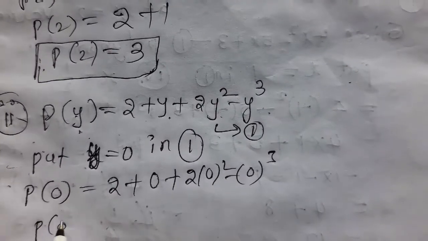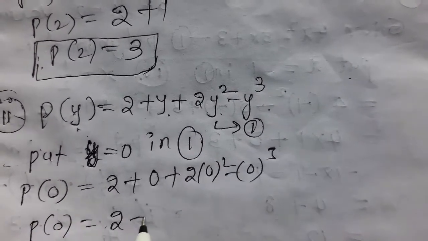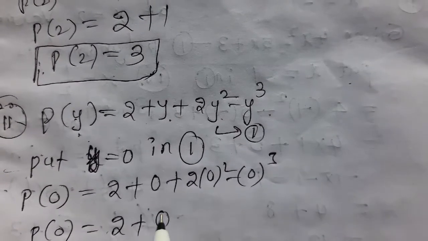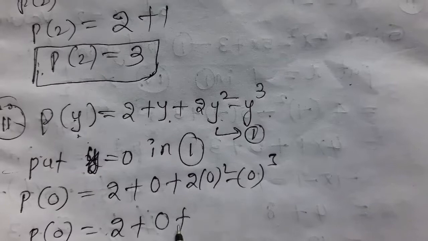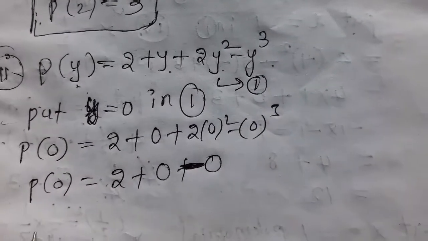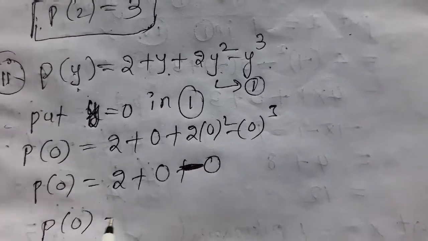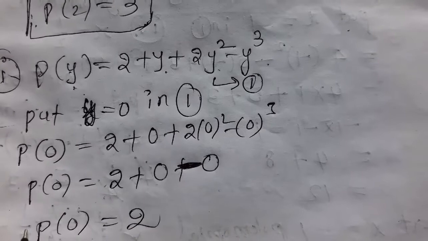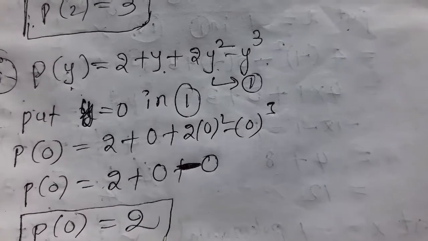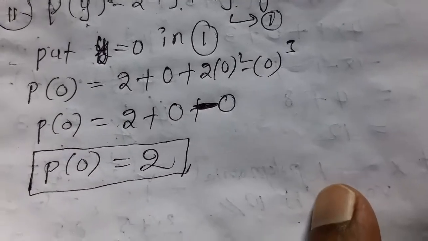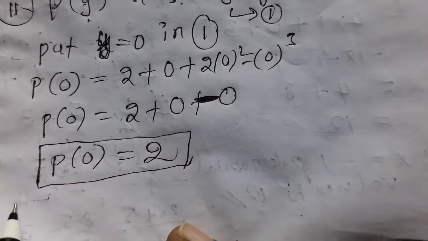Now P of 0 is equals to 2 plus 0 over 2 into 0, 0. Next plus is not there, here is minus 0 cube is 0. Now these are eliminated, so P of 0 value is 2, isn't it?